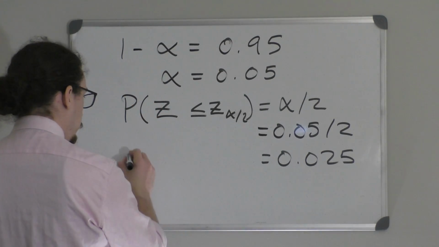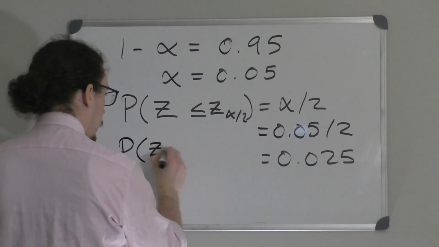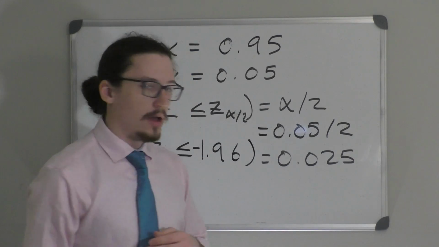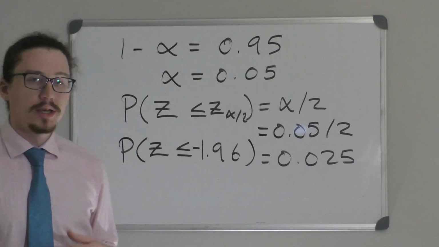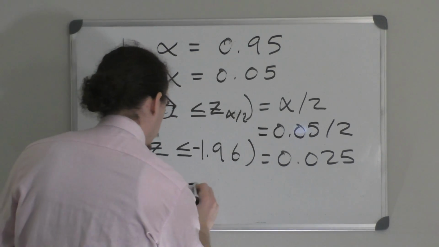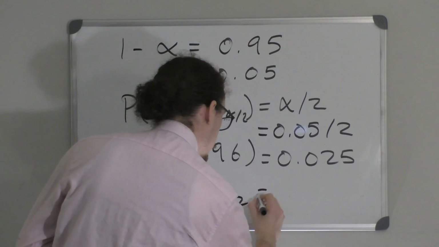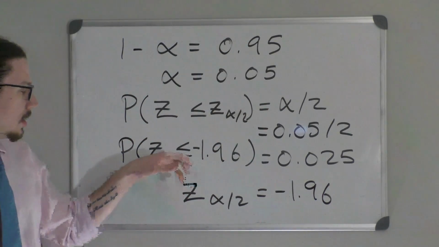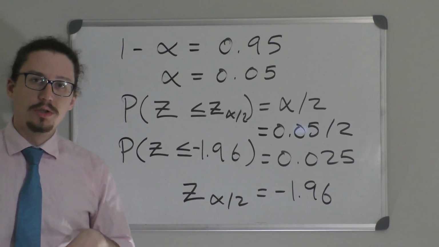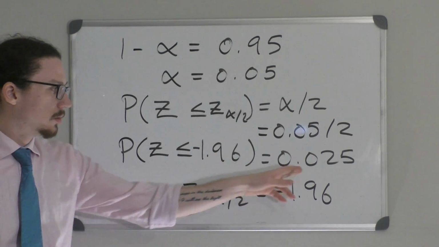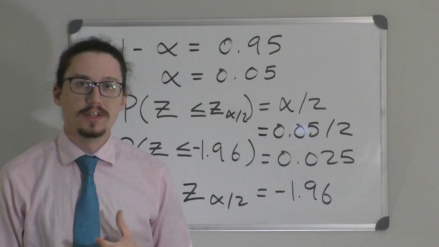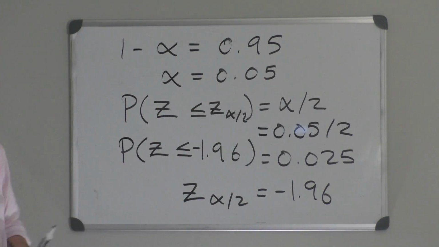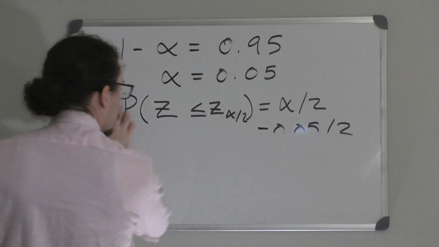Then we'll follow that out to the sides, and we're going to see that negative 1.96 is our z alpha divided by 2. So the probability z is less than or equal to negative 1.96 is equal to 0.0250. So that is our z.